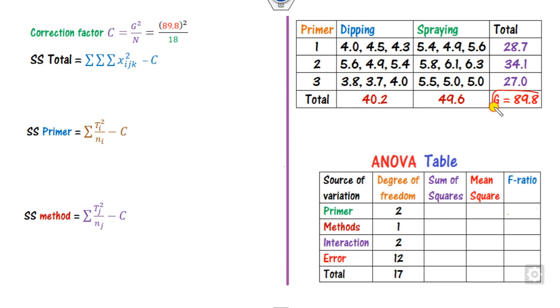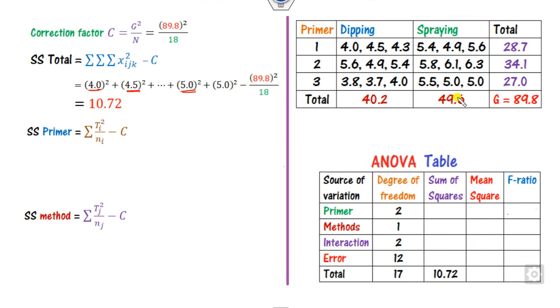That is the grand total, 89.8 squared, over the total number of elements, 18. The summation is the first element squared, 4 squared, plus the second element 4.5 squared, plus the next element 4.3 squared, plus the next element 5.4 squared, and so on until the last numbers 5 and 5, minus whatever answer you got for C. After the calculation you will get 10.72.